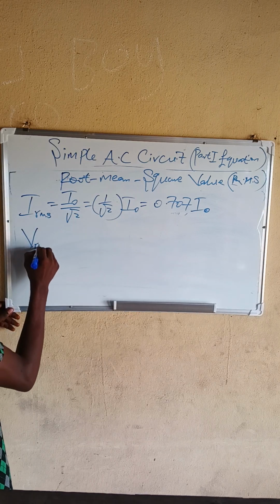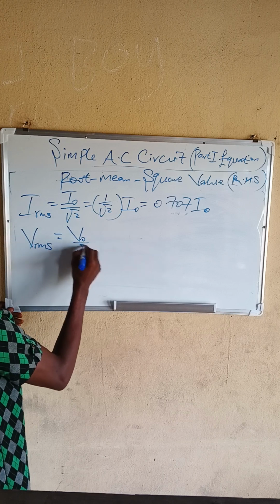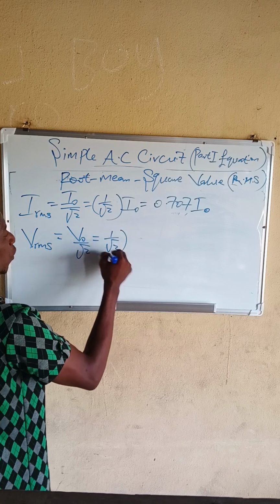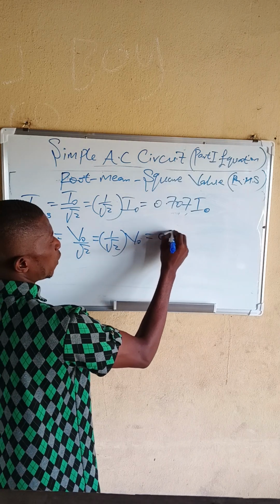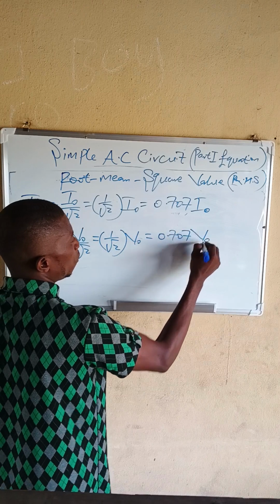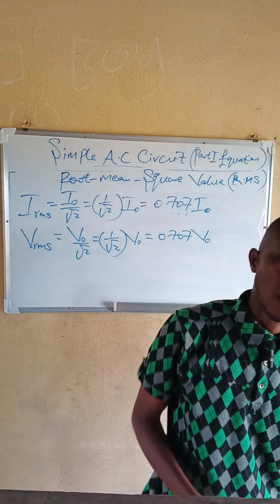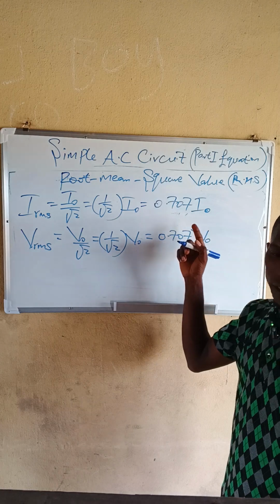Voltage root mean square is giving us peak voltage over root 2, which is 1 over root 2 times this, and that is 0.707 V naught, where V naught is the peak voltage and I naught is the peak current.